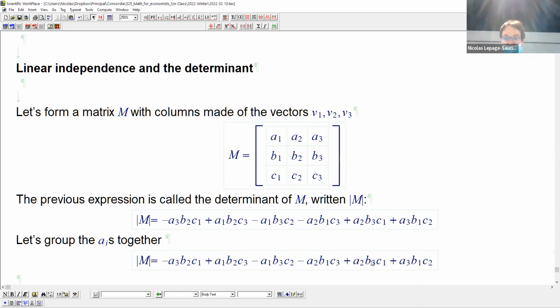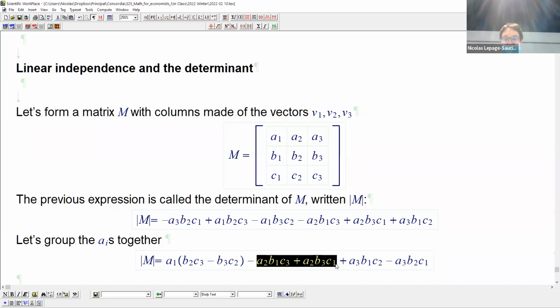So this is A1, minus A2, and then here I have minus A3. Okay, this makes me happier. Here I have a minus sign there. A2.